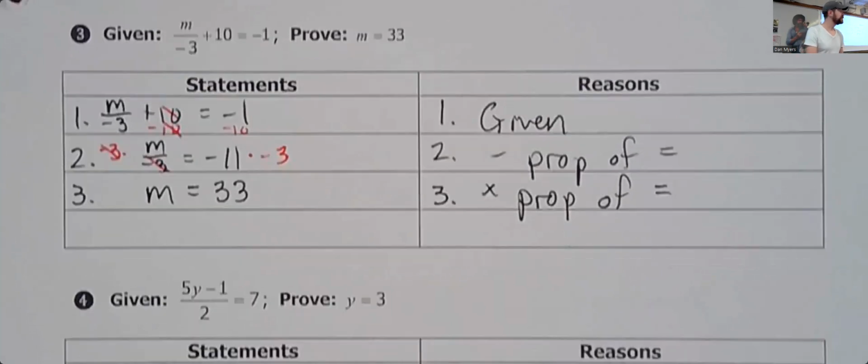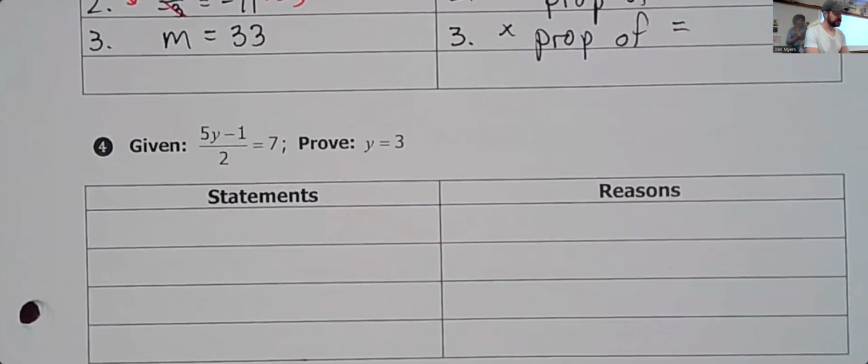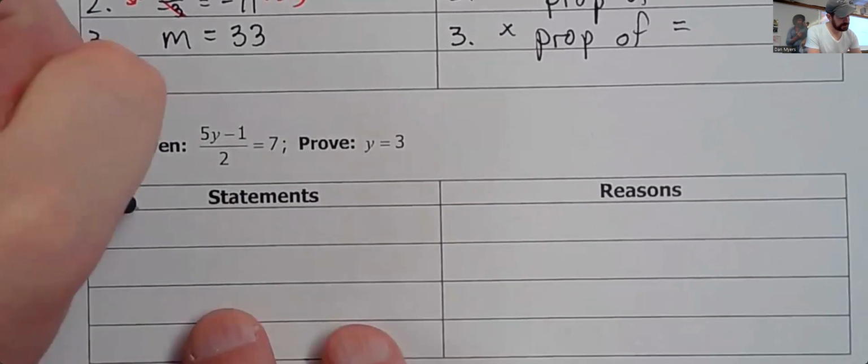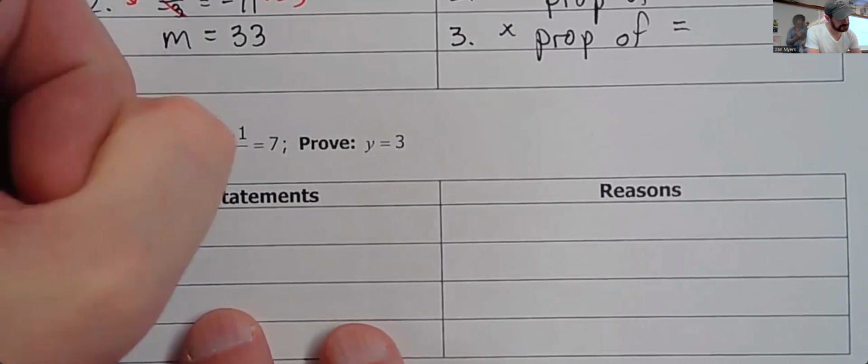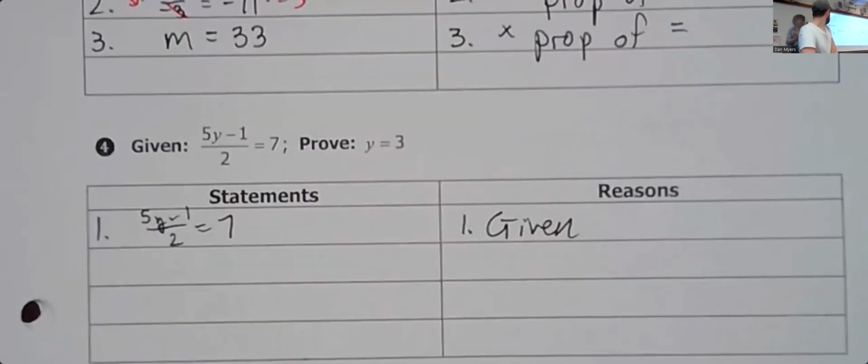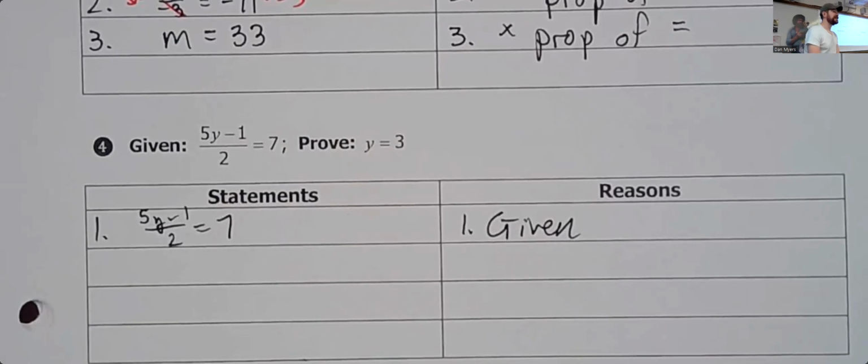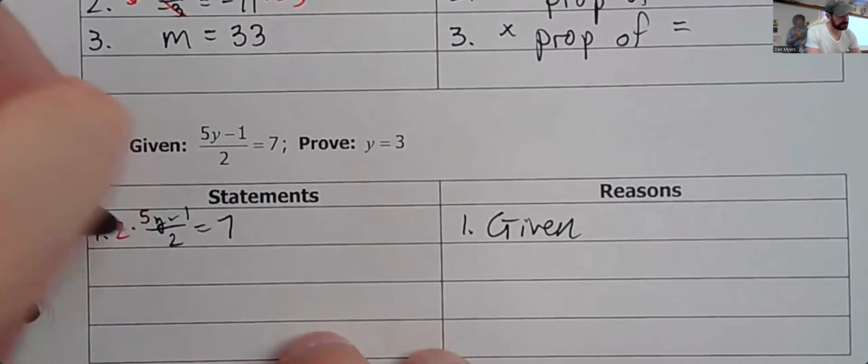Number 4. This one, we're going to use all the boxes. So start by writing in the problem. That's 5y minus 1 over 2 equals 7. That's given. Now, because the entire thing is being divided by 2, what do we have to do first? Multiply by 2. We got to get rid of the denominator first.